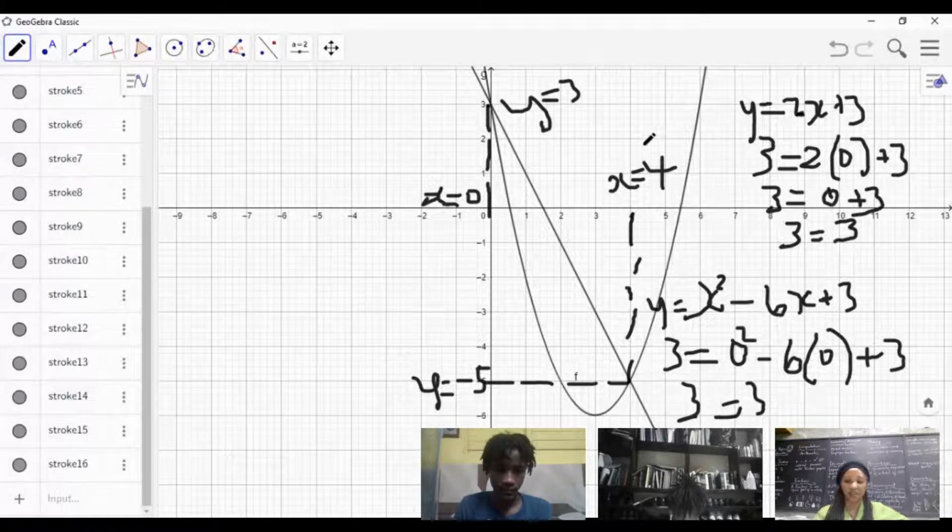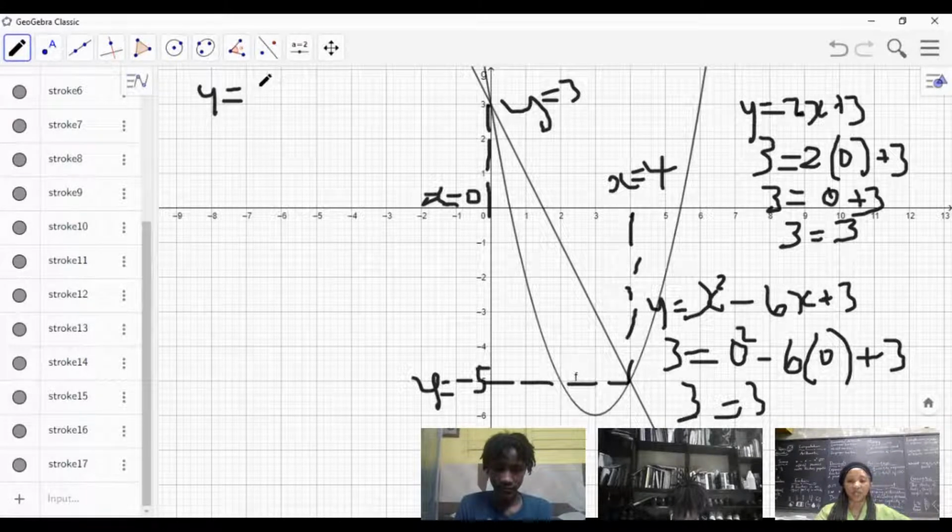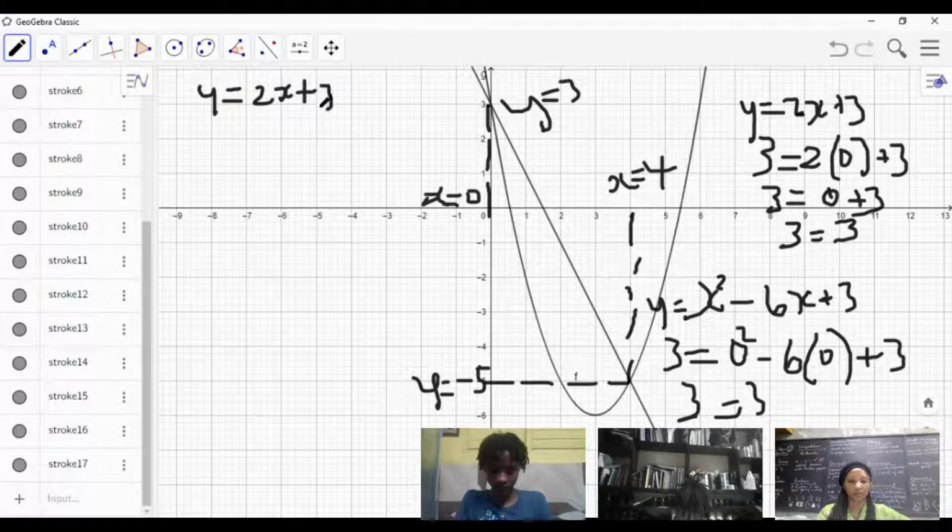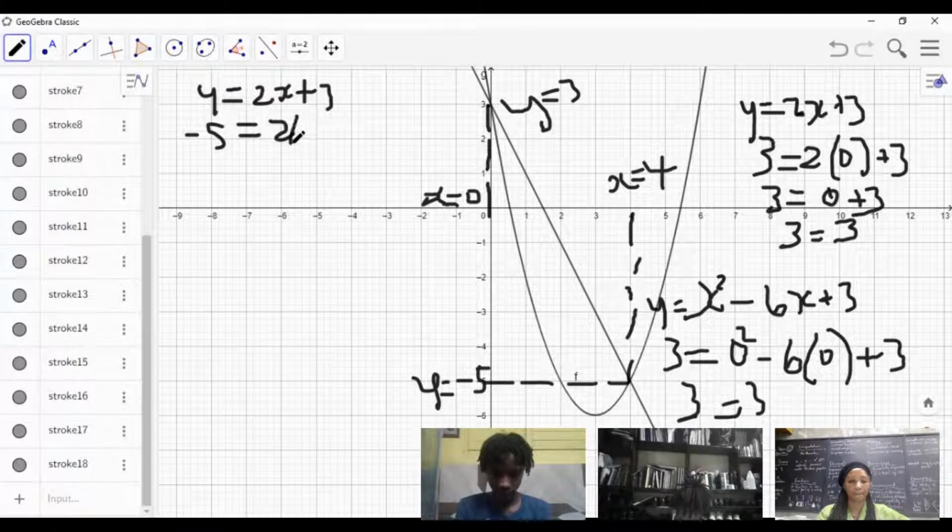All right, check the other pair for me where x is 4, y is negative 5. So for the linear, y is equal to 2x plus 3. Miss, y would be negative 5 equal to 2 times 4 plus 3. So negative 5 is equal to 8 plus 3.